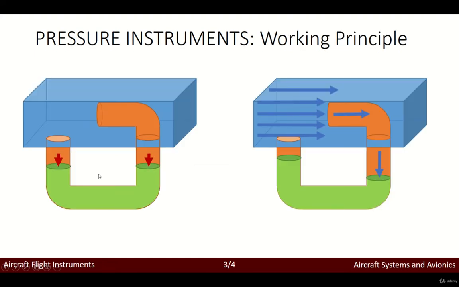Right. What happens if we actually accelerate the flow, or rather we accelerate the aircraft? Then we will be perceiving a static pressure on this part over here because the air which is going inside is moving perpendicular to the flow. This is an important part.